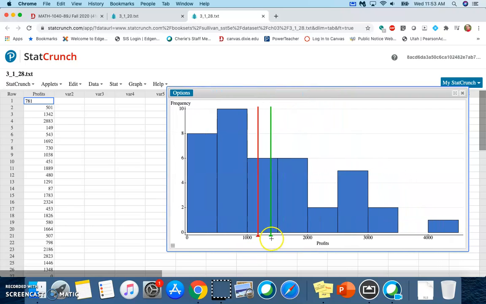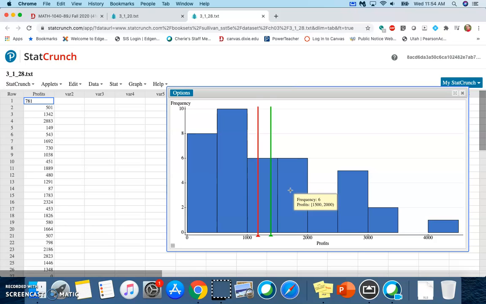Now ask yourself whether you were right. The mean is 1,392.825. The median is 1,177.5. Since this is skewed right, you would expect the mean to get tugged towards these extreme values. So the mean is greater than the median.